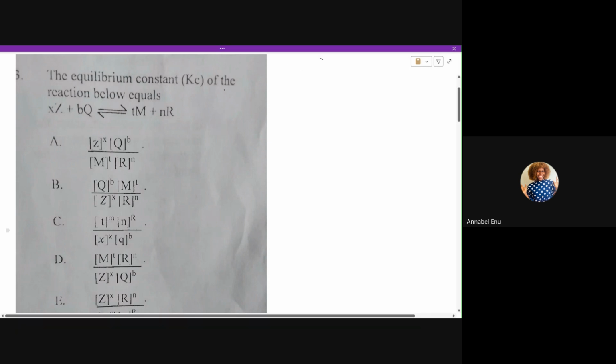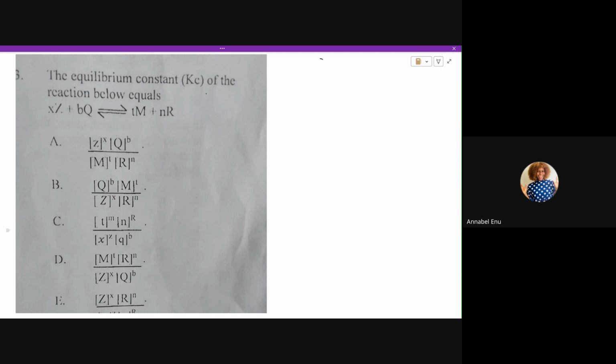Okay, the last time we talked about equilibrium, right? And we established certain things that will help us understand how to answer some questions in equilibrium.